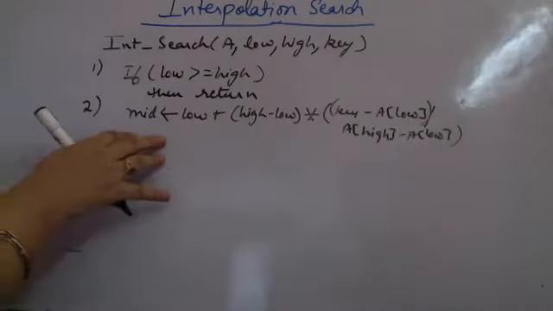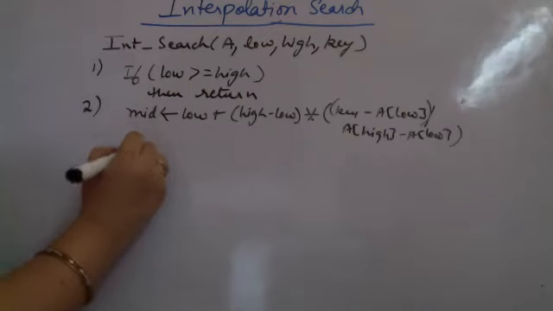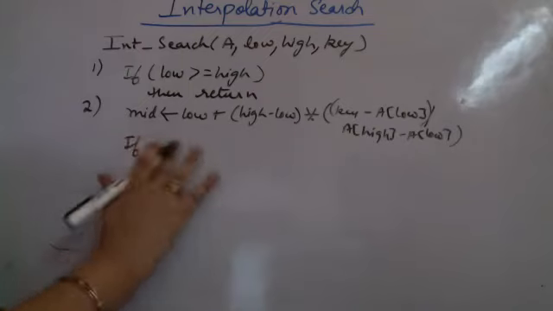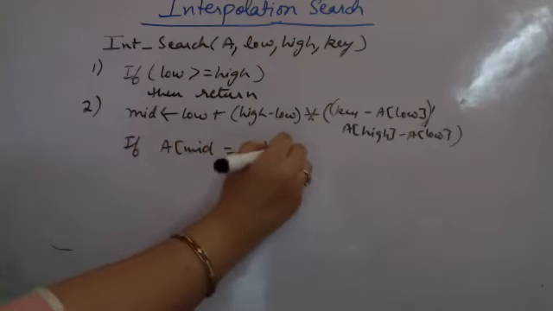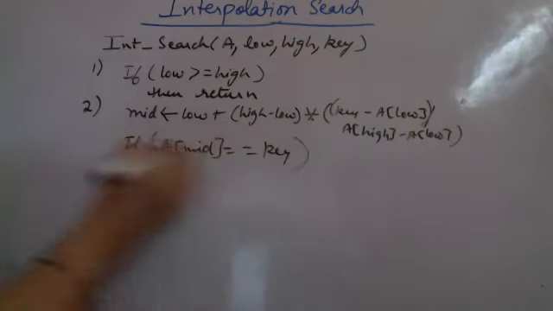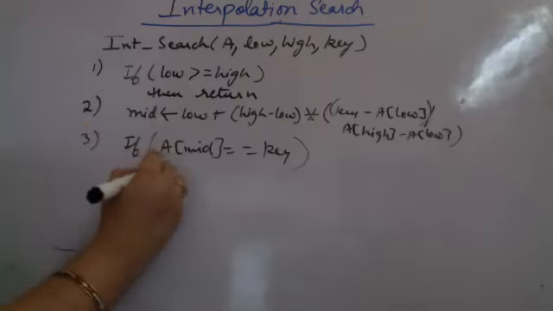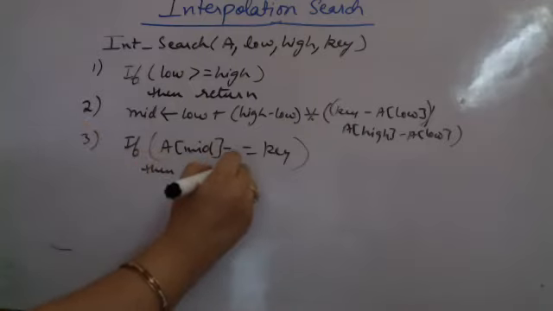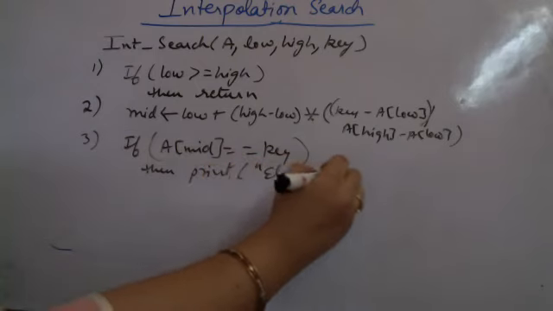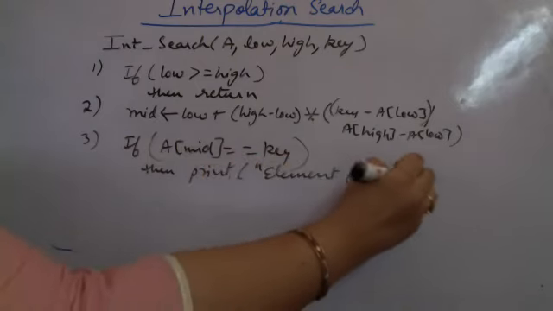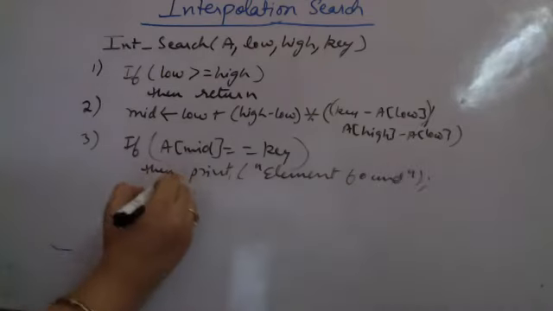After calculating mid, I check if a of mid is equal to key. That means I have found my element. I should print element found, and return.